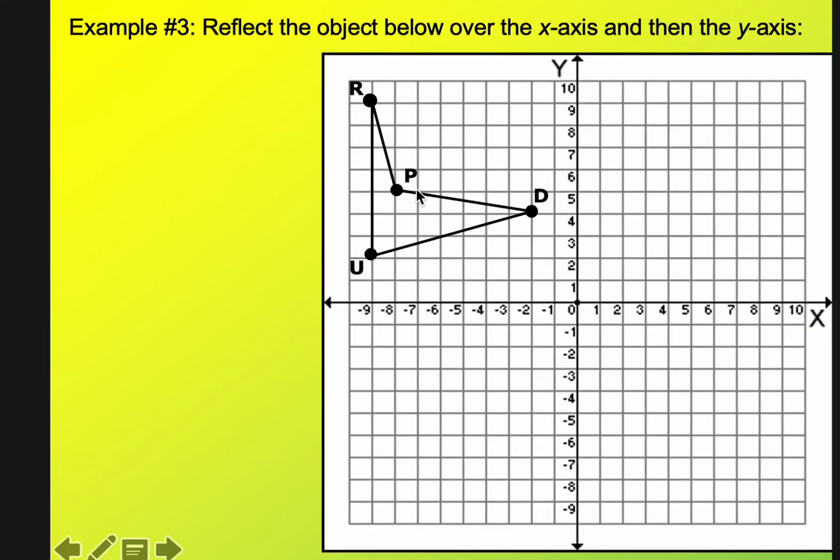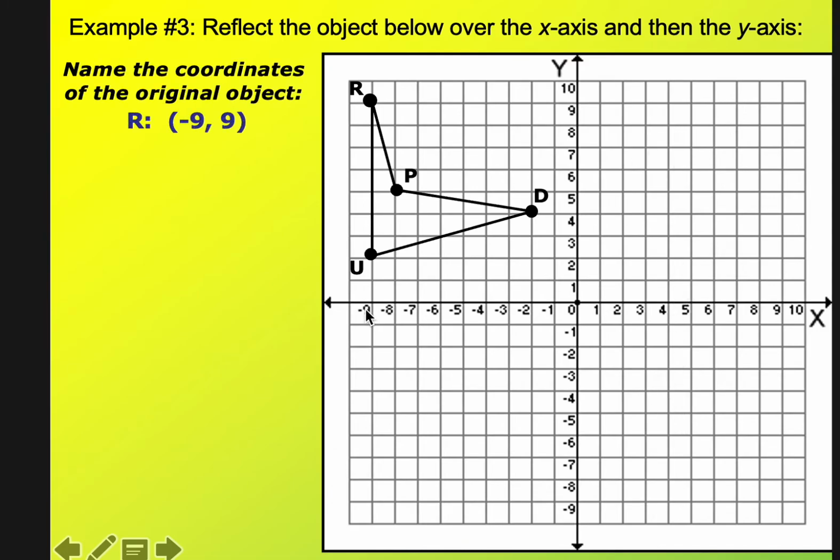Let's see what happens if we reflect over the x and then the y. Okay, so we're reflecting over the x first, then the y. So our original coordinates: negative 9, 9; negative 8, 5; negative 2, 4; and negative 9, 2.